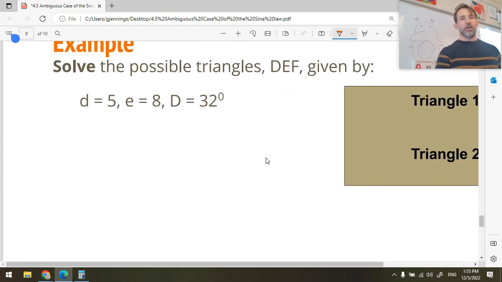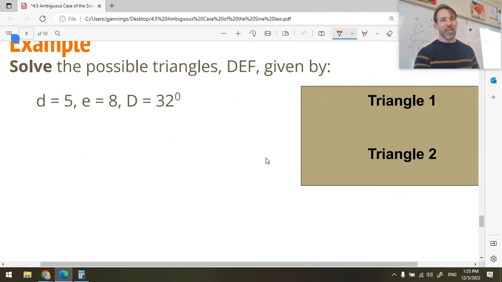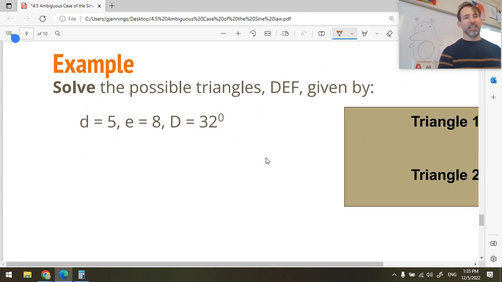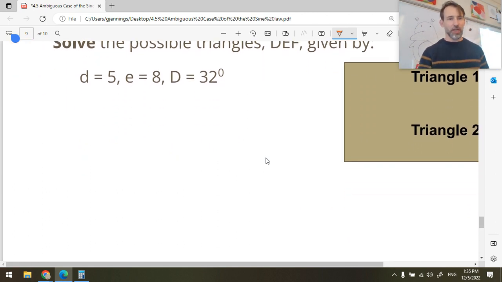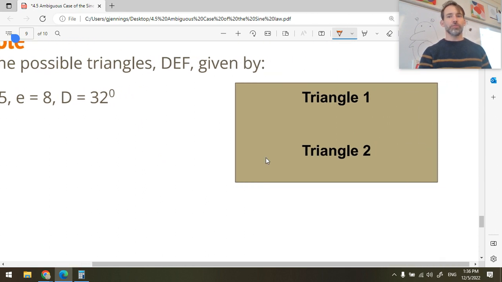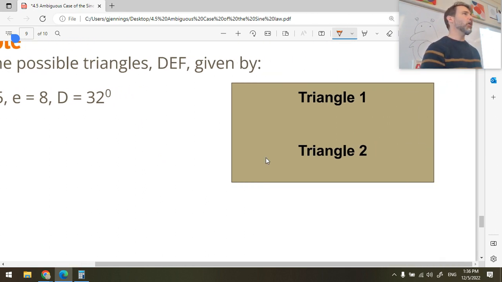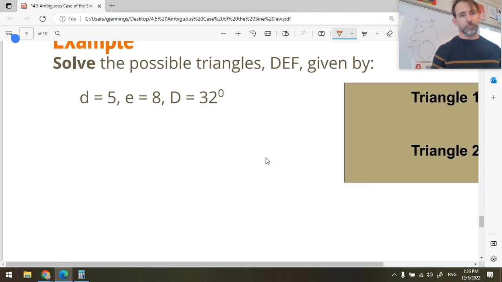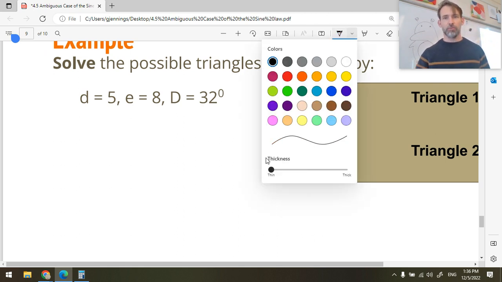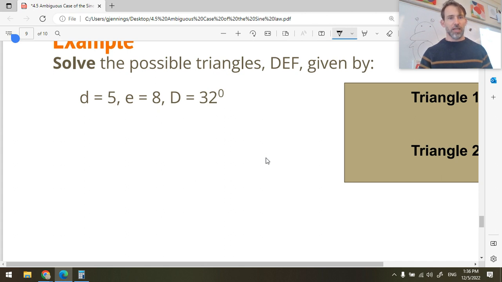All right, solve the possible triangles DEF, given DE, and D is 32 degrees. Okay, so solving the triangles means tell me all the side lengths and all the angles. That's a solved triangle, meaning you've told me all the possible information. Let's go. So let's draw it, and let's draw it in black for fun, one of the triangles. Here is side D, and we'll draw it leaning out that way, 5.